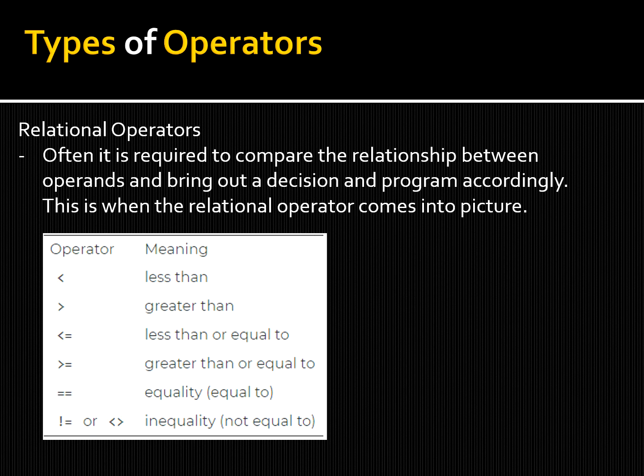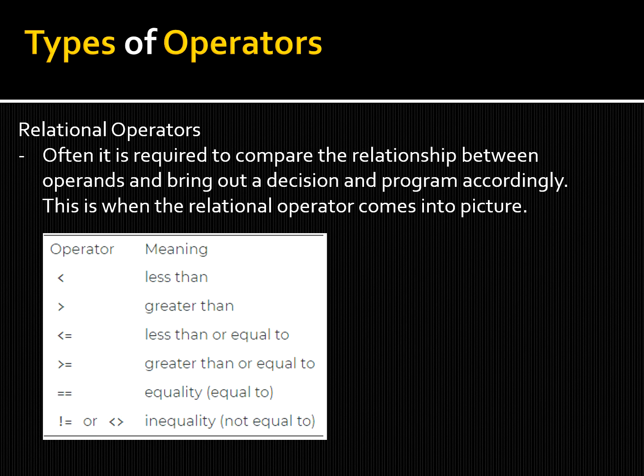So here for relational operators, often it is required to compare the relationship between operands, bring out a decision and program accordingly. This is when the relational operator comes into the picture. So the first operator is less than. The second operator is greater than.